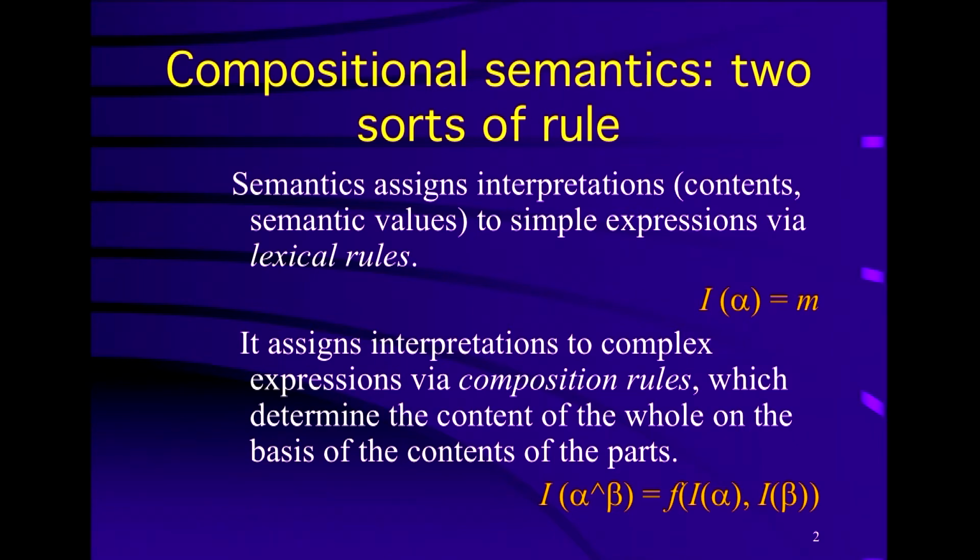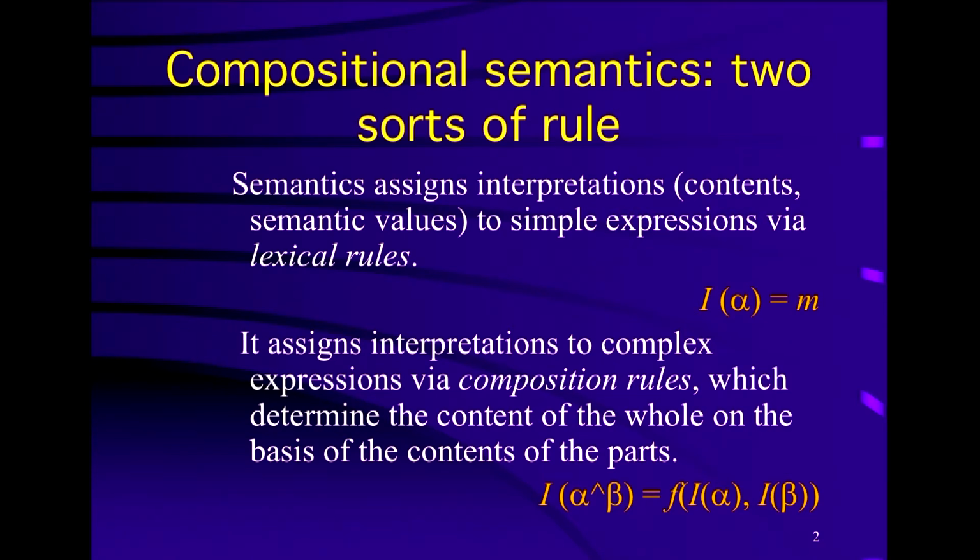But there is another type of rule that is used to help us understand an expression when it's a syntactically complex expression. Then we need another type of rule, and that's a composition rule. That's a rule which determines the content of the complex expression on the basis of the meaning of its constituent expressions, the expressions out of which it is made.